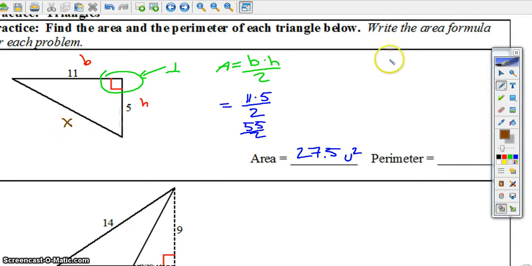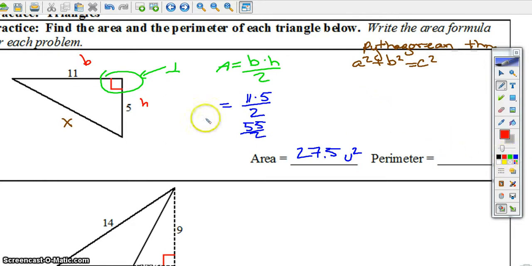And as a little refresher, we're going to use the Pythagorean theorem. So the Pythagorean theorem was a squared plus b squared equals c squared. Sorry about the ugly handwriting.